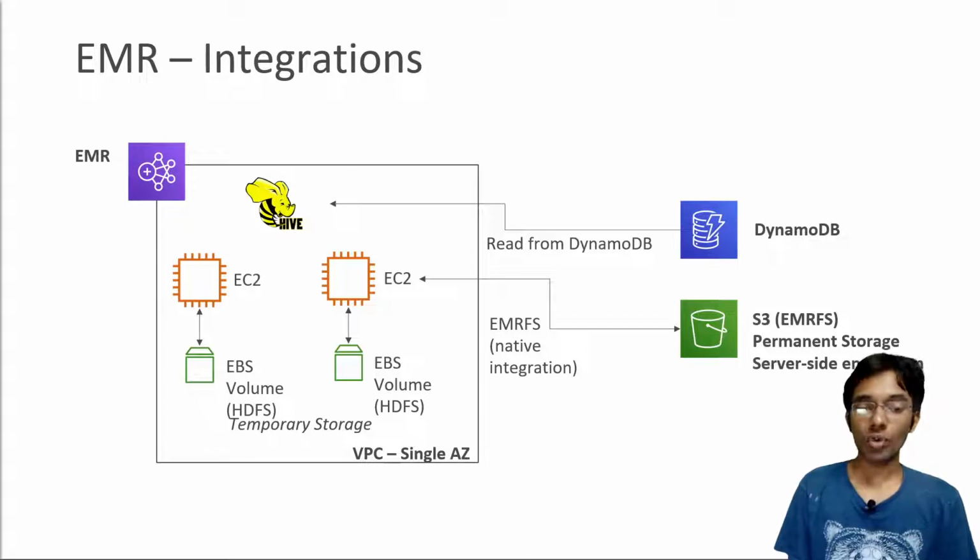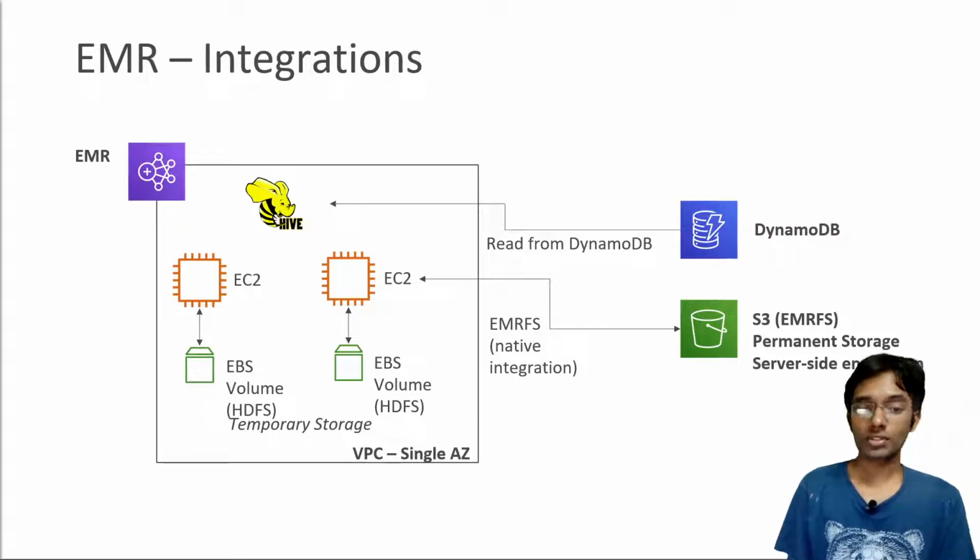But if you want long-term retention of data, you need to use something called EMRFS, which has a native integration into S3. S3 is a more durable type of storage because it is multi-AZ, and that gives you permanent storage, and you can also define server-side encryption.